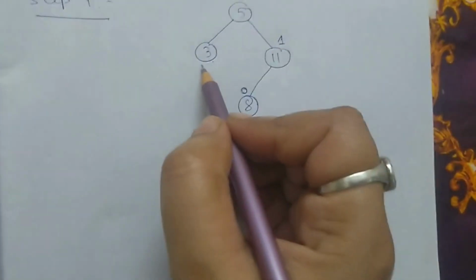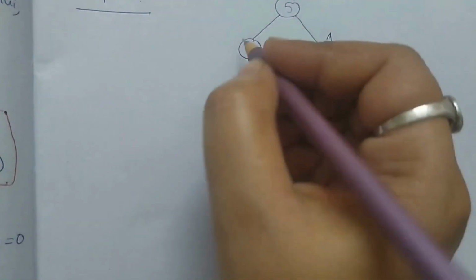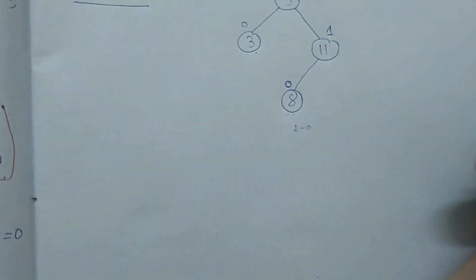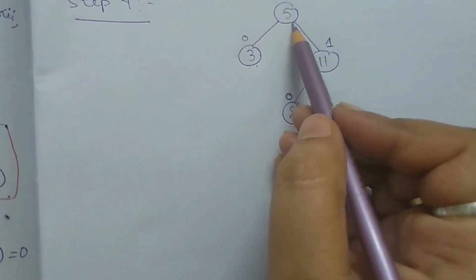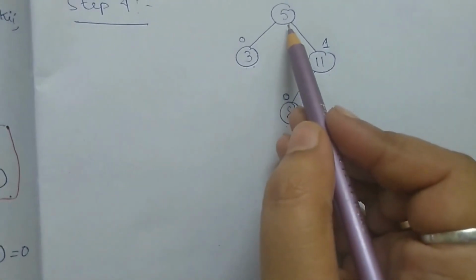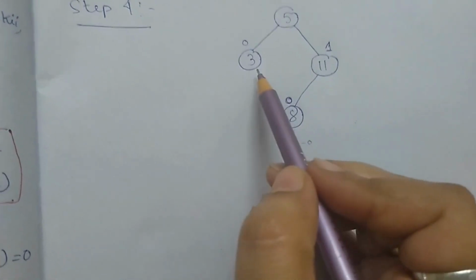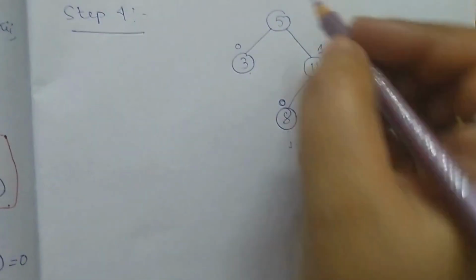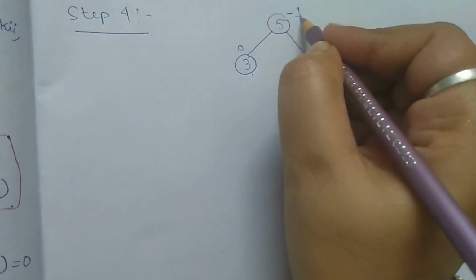Again when we calculate the value of 3, there is no left subtree as well as no right subtree. For that reason the height of 3 is 0. And if we consider the 5, in that case the left subtree value is 1, but when we consider the right subtree value, here we get 2 nodes, that is 1 minus 2, the height of 5 is minus 1. Okay.